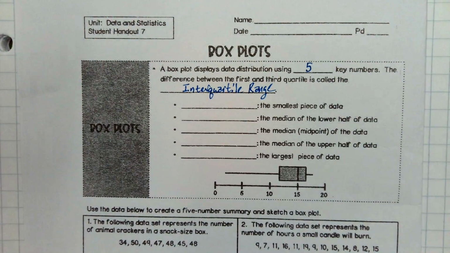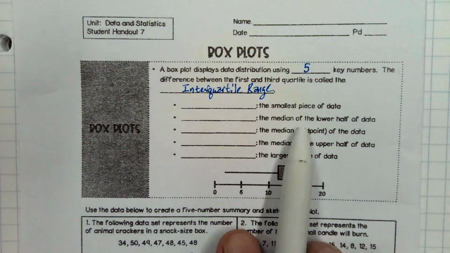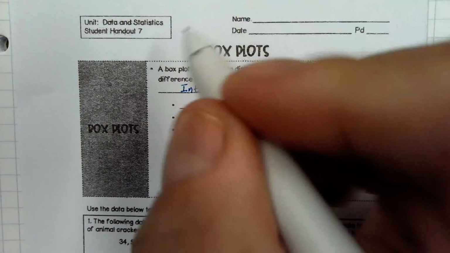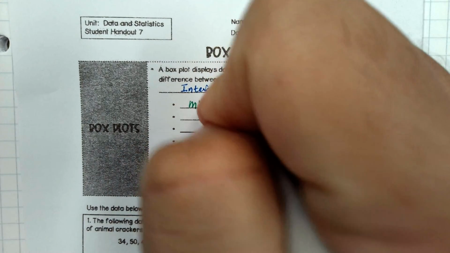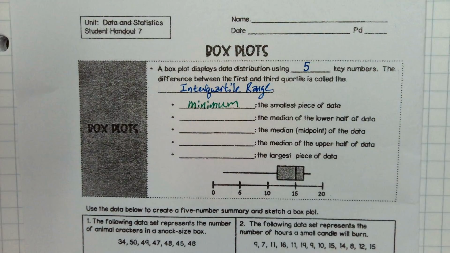So, like we just said, a box plot is divided up into 5 key numbers. And a lot of them we already know. Like the smallest piece of data, the smallest number in your graph, we call it the minimum. Makes sense.